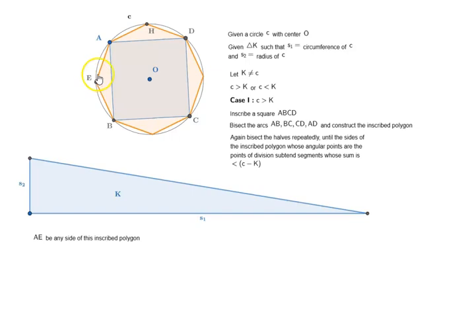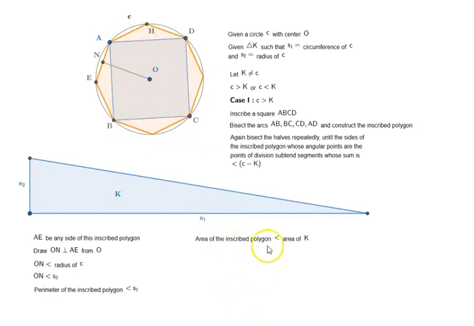Let AE be any side of this inscribed polygon. Draw ON perpendicular to AE from O, and let's mark that as N. Now, ON is less than the radius of C, which means ON is less than S2. S2 is equal to the radius of the circle, and the perimeter of the inscribed polygon is less than S1 because it is an inscribed polygon.